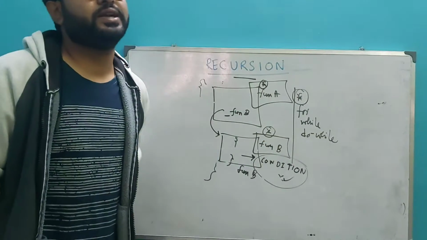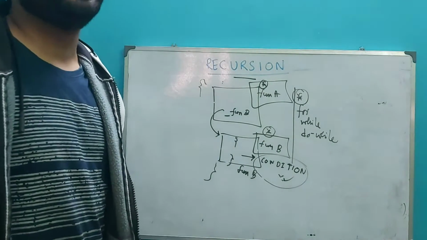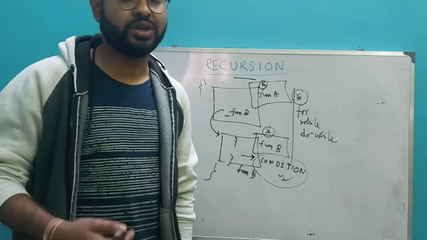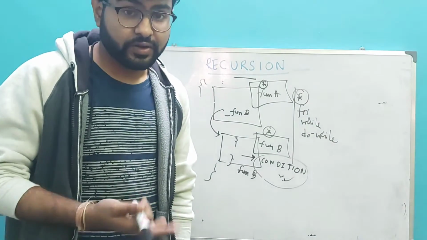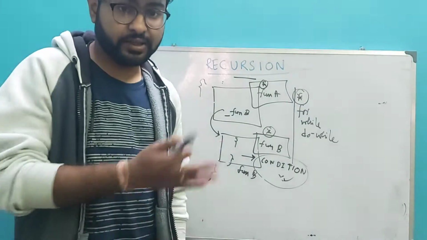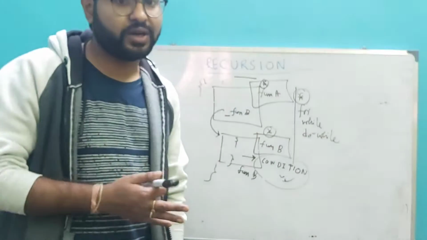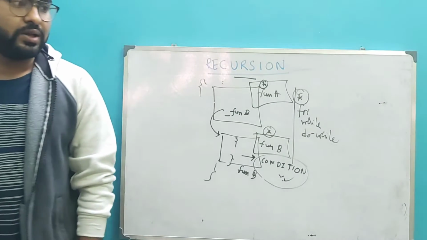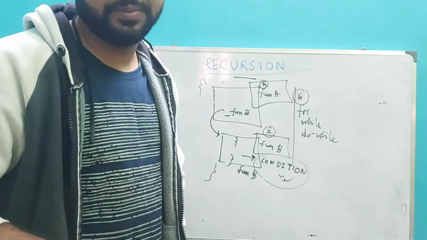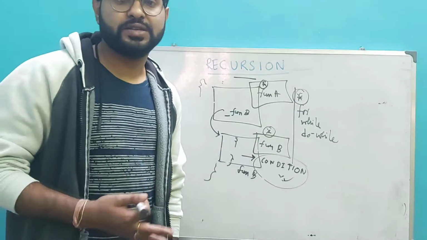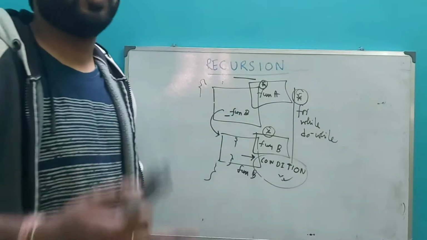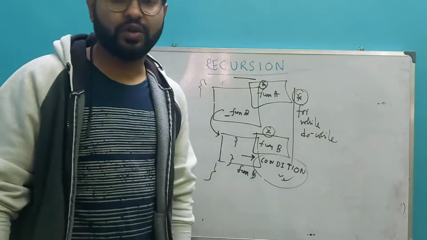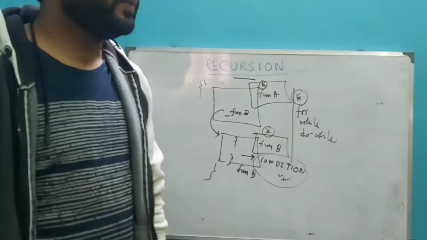Also, in certain scenarios, the for loop, while loop, do while loop is not a smart alternative. Recursion, on the other hand, is a smarter alternative, and the time complexity becomes less in some scenarios, like the Tower of Hanoi problem. If you are well acquainted with this problem, then you would know.